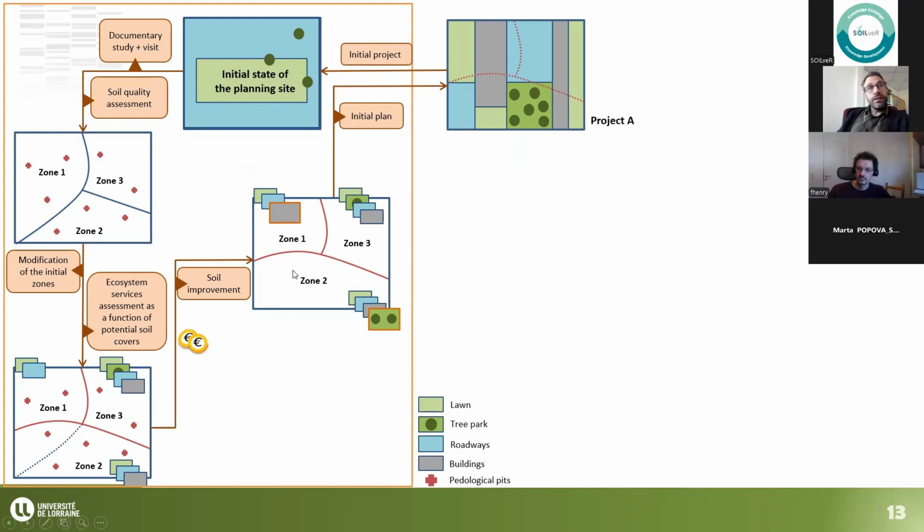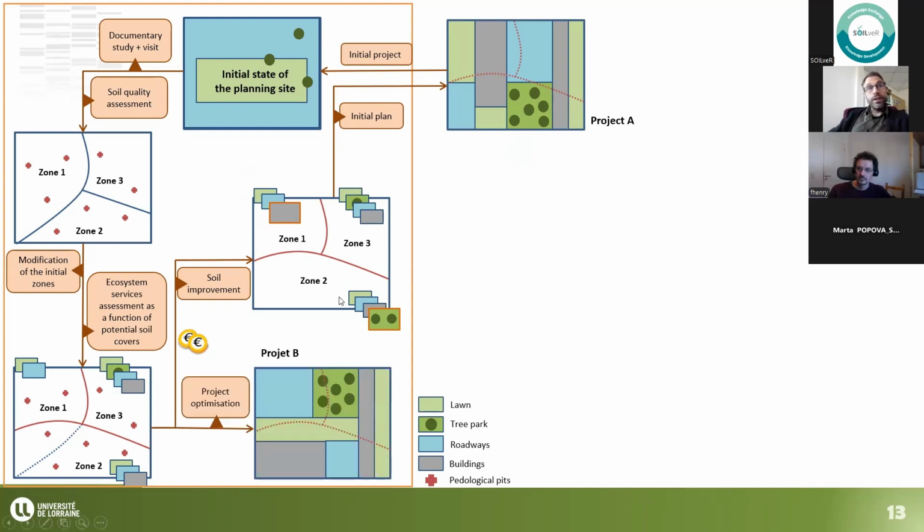And an alternative is maybe to slightly modify the project by creating project B that would fully consider the actual potential of the soil. By, let's say, okay, maybe we could consider having the same surfaces. We could consider having the tree park not on zone number 2, but on zone number 3, with the most fertile soil.